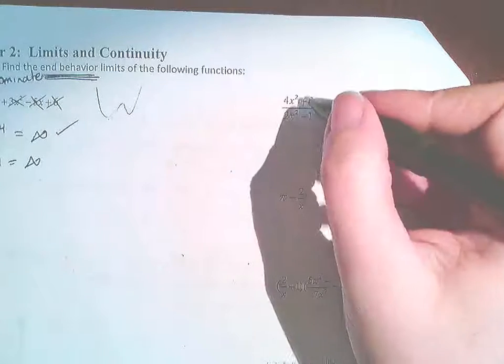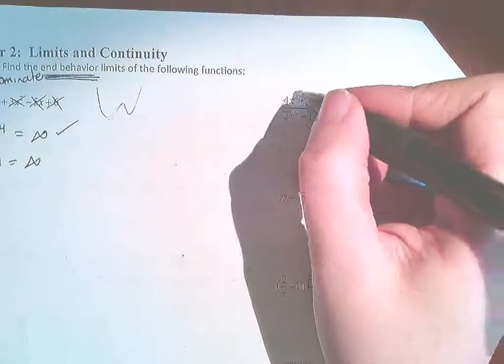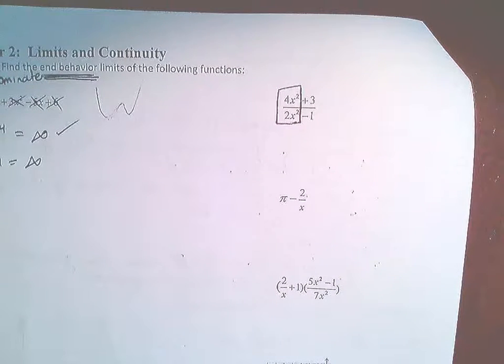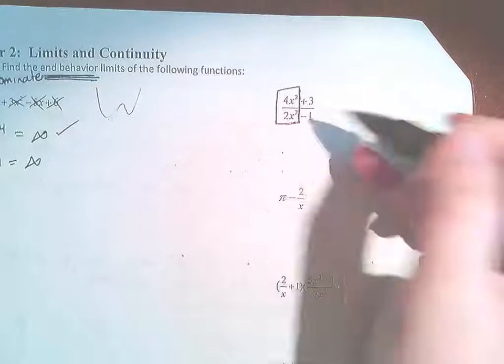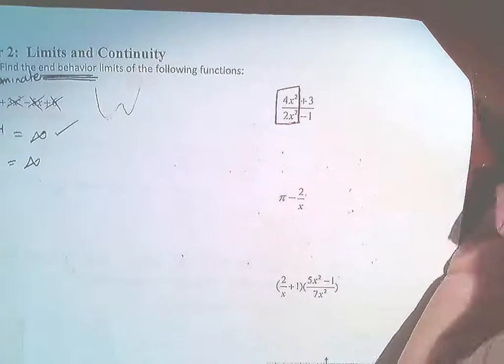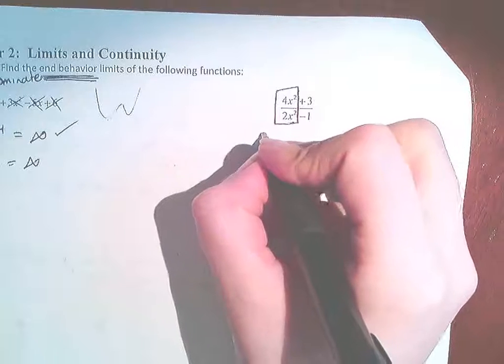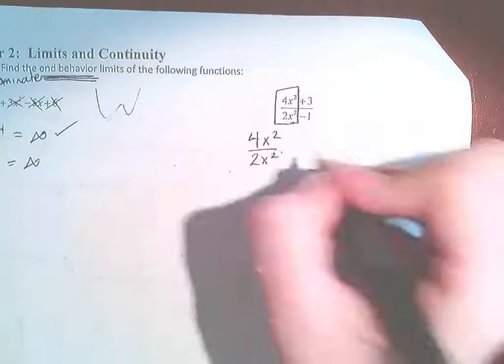Again, this is a rational function. So really what's determining what this graph looks like is the dominating terms. So I'm only going to focus on this. The plus 3 and the minus 1 don't really do anything to my graph, and we'll talk about this when we do the homework in class. So I'm only going to focus on 4x squared over 2x squared.